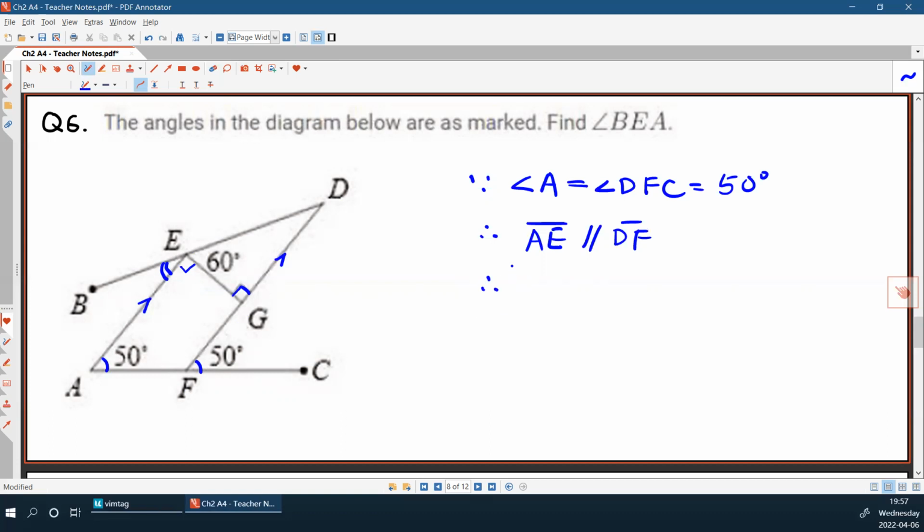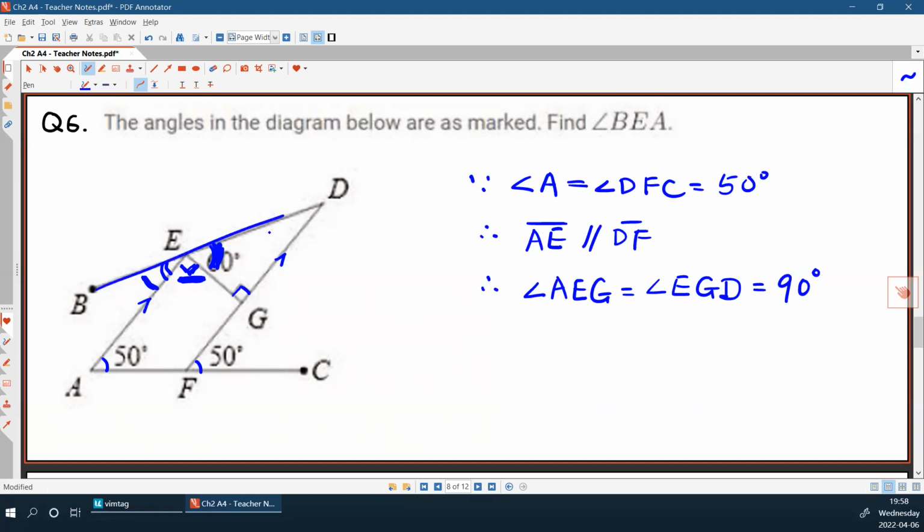Therefore, we have angle AEG equals angle EGD equals 90 degrees, right? And this angle here is 90 degrees. And then if we know this angle is 60 degrees, this angle is 90 degrees, then this angle must be 180 degrees minus the previous two angles, right?